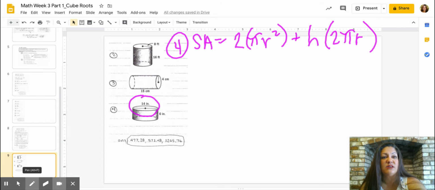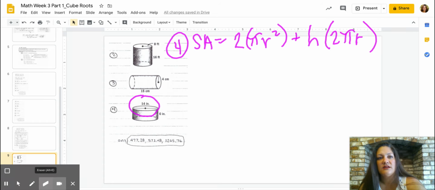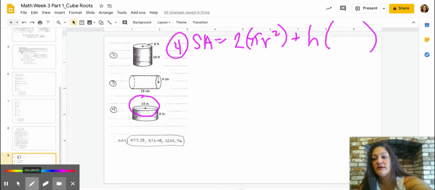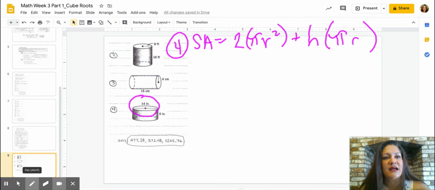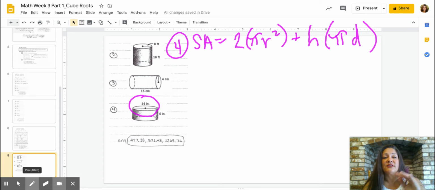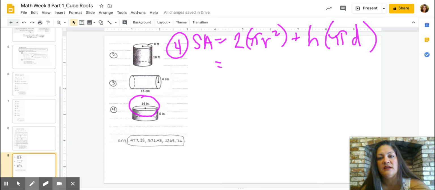So we don't have to do 2 pi r. We are going to do pi times diameter, because 2r is the diameter. Okay, so let's go ahead and plug in.